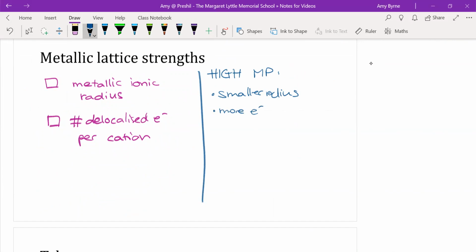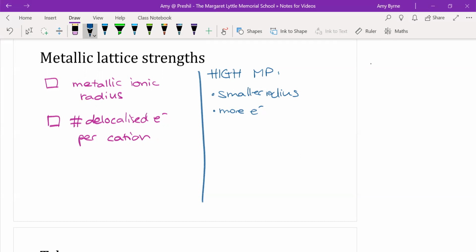So that's smaller radius, and in your class, your teacher may have taken pieces of like lithium, sodium, and potassium in the periodicity topic and put them in water to see how they react, to see that periodic trend. You may have noticed, and your teacher may have pointed out, that lithium is quite hard, sodium is a little bit softer, and potassium is softer again.